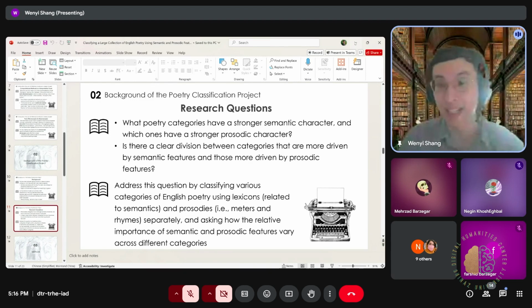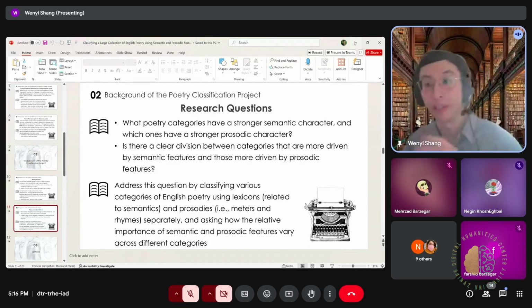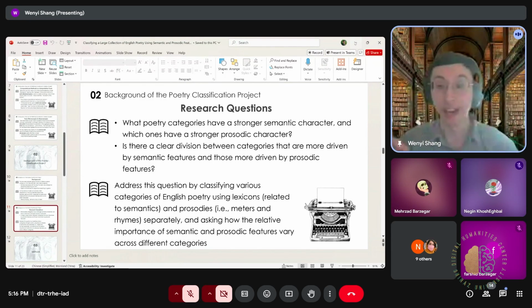And to analyze multiple poetic categories, we're going to say which ones are semantic and which ones are prosodic. The second question: is there a clear division between categories that are more driven by semantic features and those more driven by prosodic features? Let's say some categories are mostly defined by the form they're using, and others by the words, the lexicon they're using.